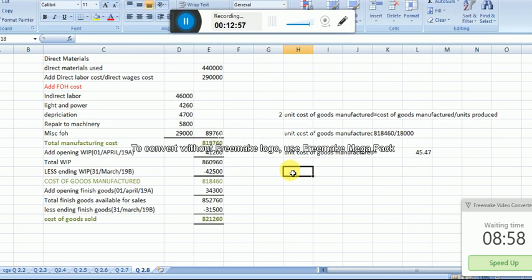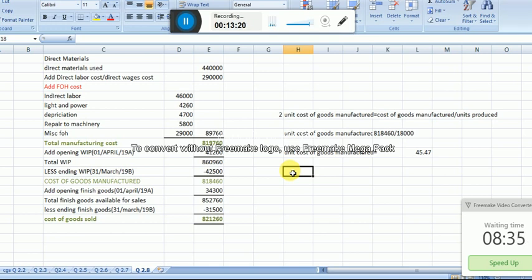Unit cost of goods manufactured means we find the unit cost. The formula is the cost of goods manufactured divided by the number of units.